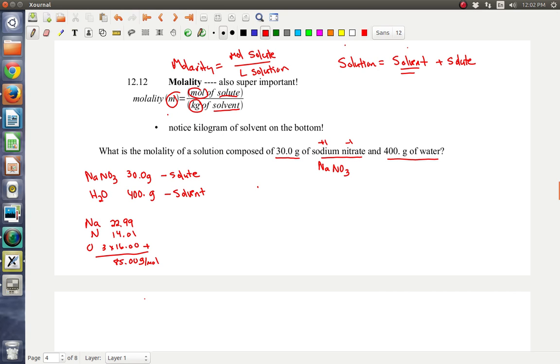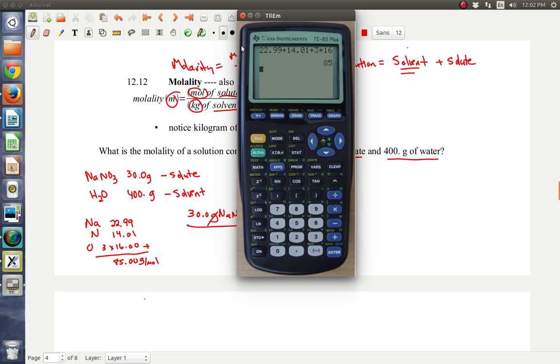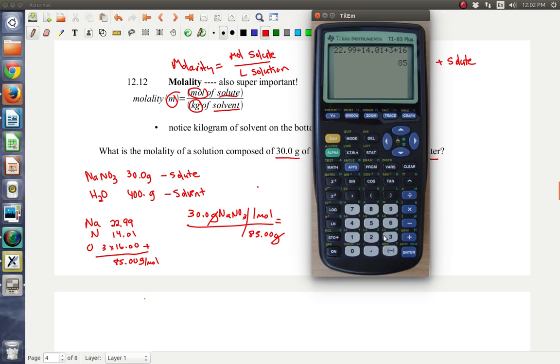And so in order to get moles, I got to turn my grams into moles first. So 30 grams of sodium nitrate. 1 mole is 85 grams. Grams cancel. And so let's figure out how many moles we have now using the calculator. We have 30 divided by 85.